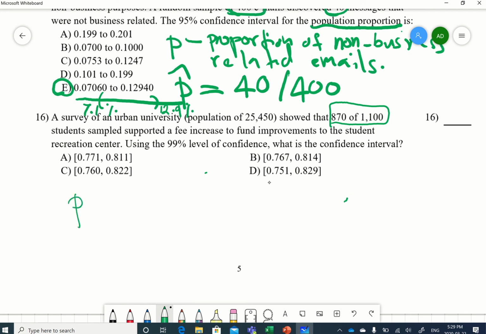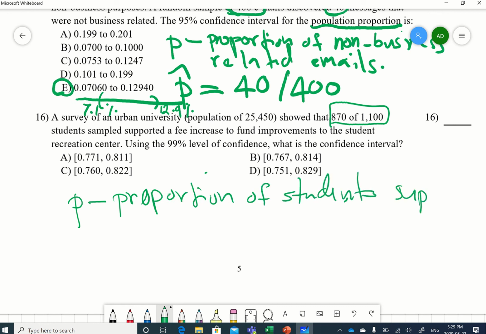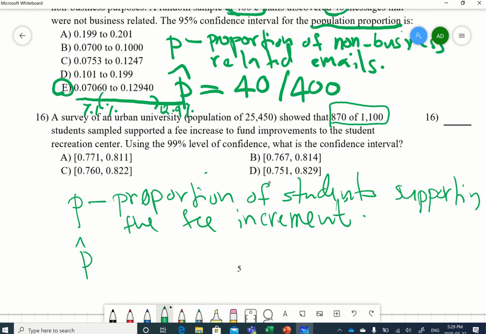So the actual proportion they want to look at is the proportion of students supporting the fee increment. Since they can't get the exact number, they ran a sample, and out of 1100 they found that 870 support the fee increment.